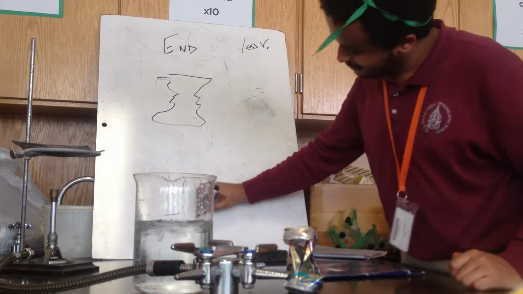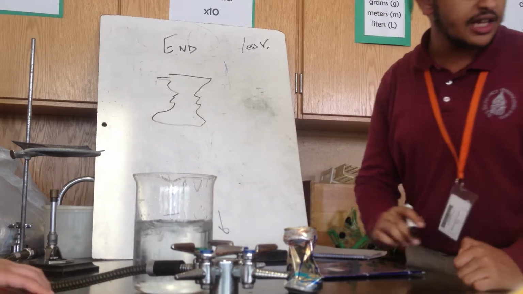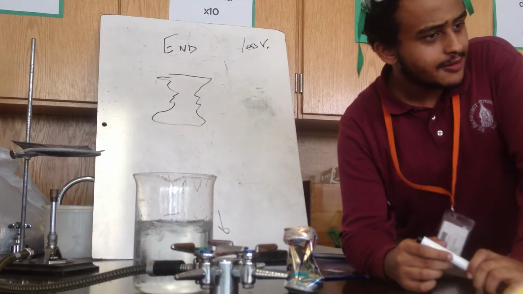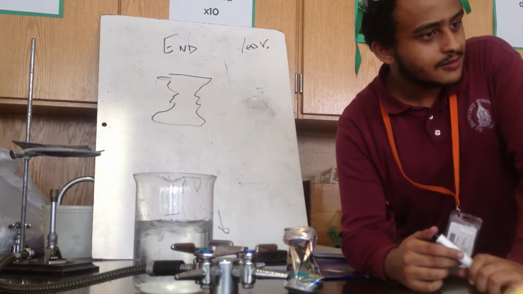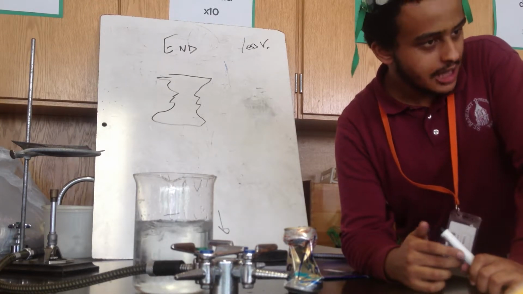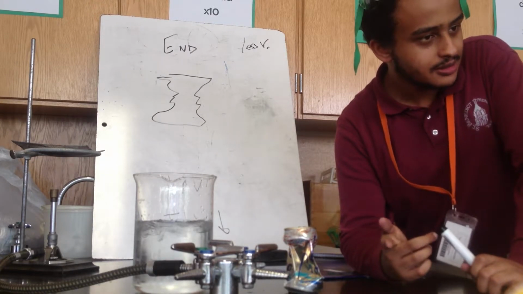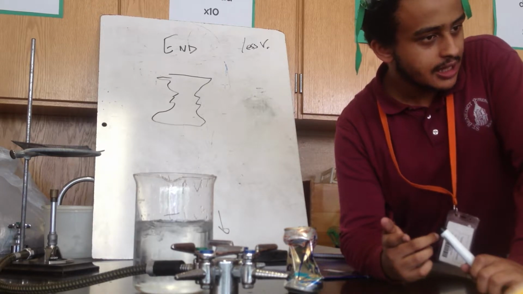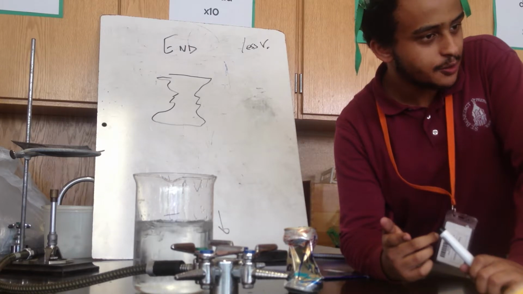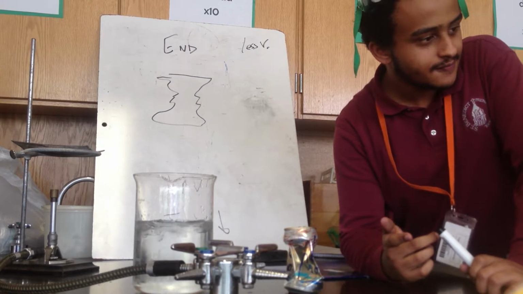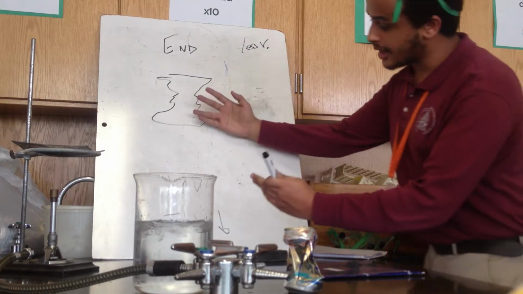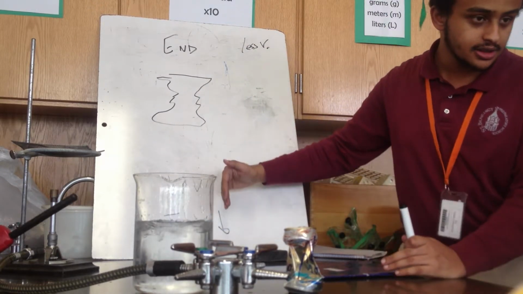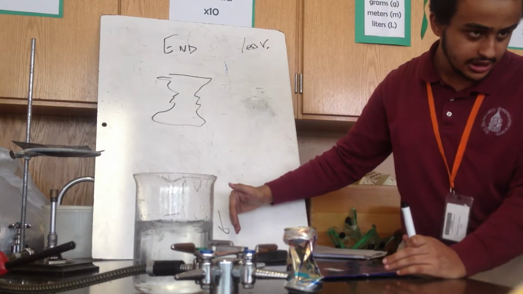Less volume. Why do we have less volume? Why did the can collapse? Because there was free space, the can collapsed and the volume decreased, right?